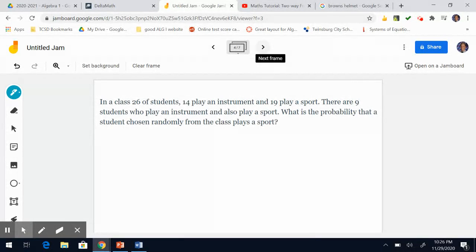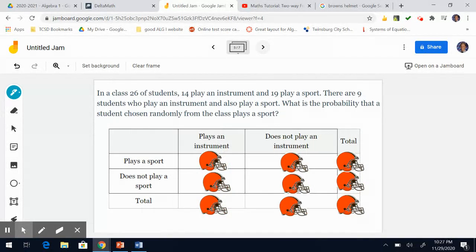But we need to figure out the things that we're comparing. So 14 play an instrument and 19 play a sport. It looks like we're dealing with instruments and sports. There are 9 students who play an instrument and also play a sport, so we're looking for our combo right there. What we have to do is figure out a table. Just to save time, here's our table.